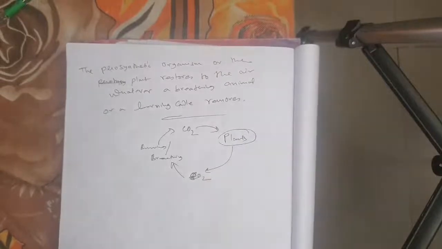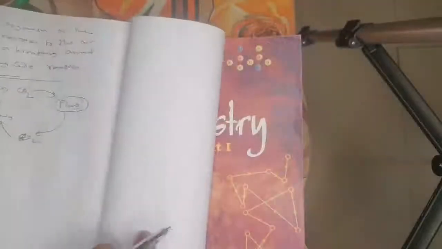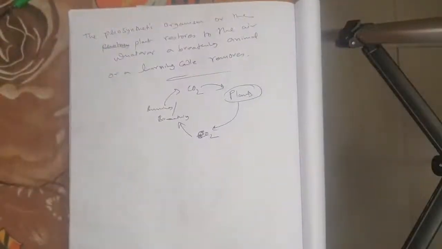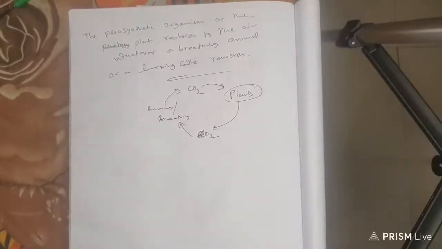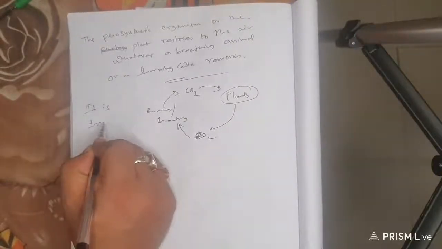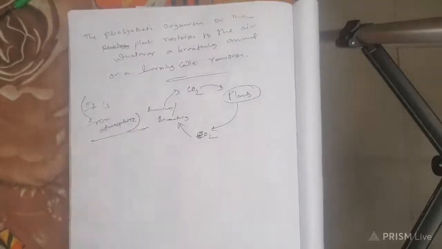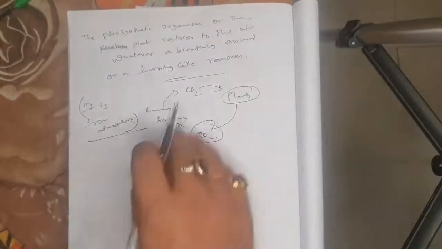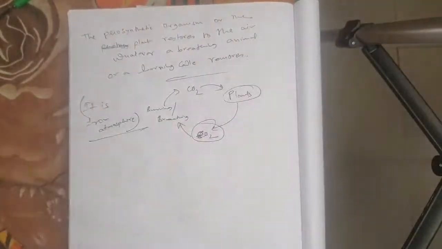After Van Helmont's experiment showed that it is not from soil, they were searching for what it is. Joseph Priestley tried to conclude that it is from the atmosphere, but he didn't know which gases are restored by plants and utilized, and which are produced and utilized by plants.